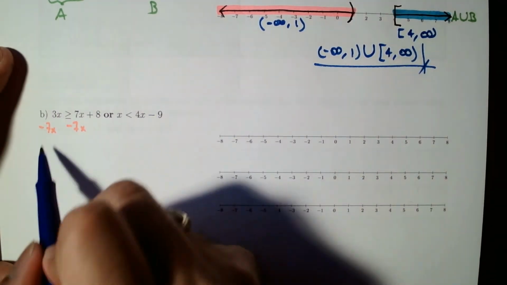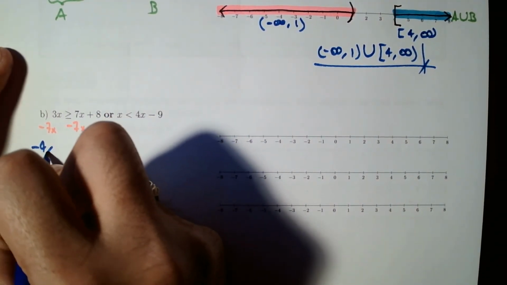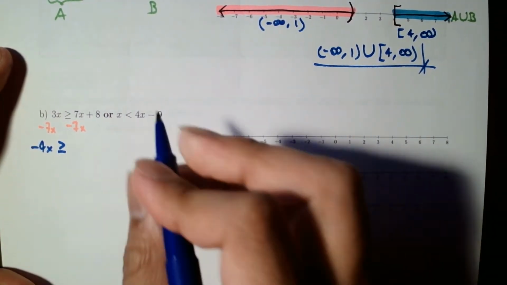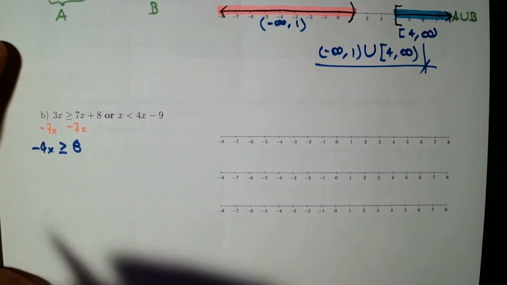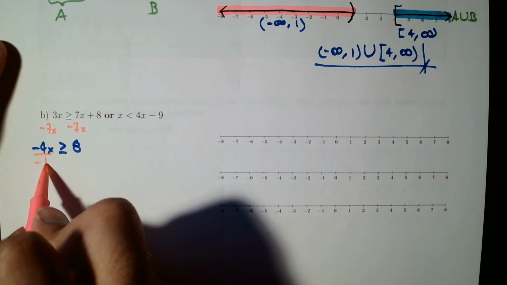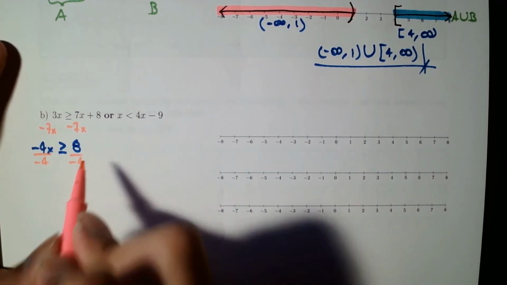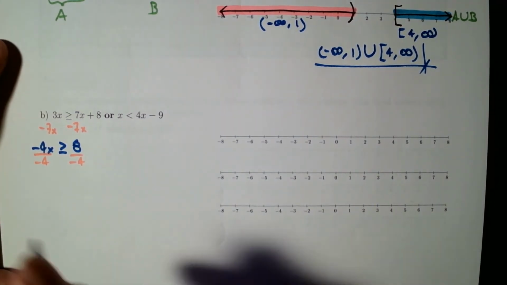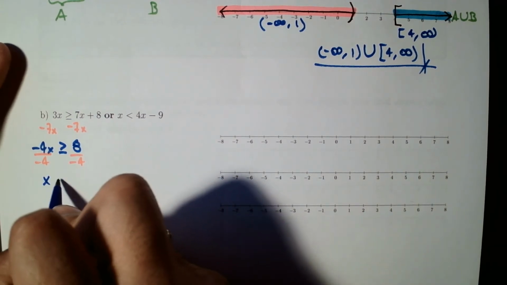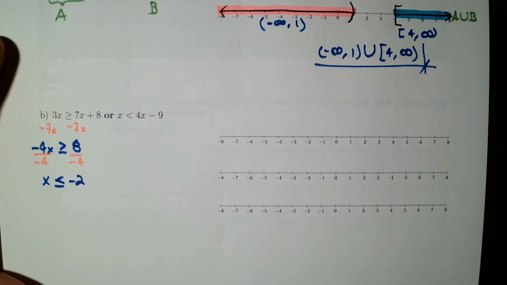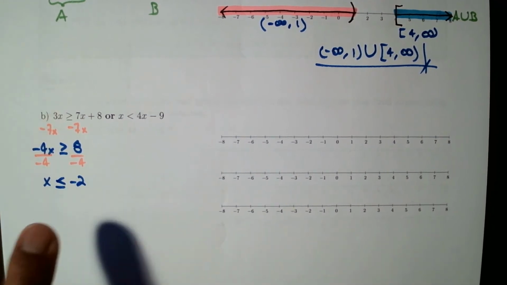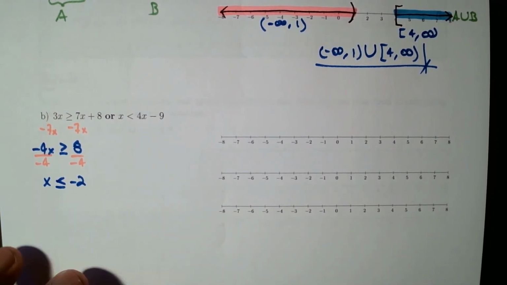And then 3x minus 7x, that's a negative 4x, greater than or equal to 8. And then I'm going to divide both sides by negative 4. But remember, every time we multiply or divide both sides of an inequality by a negative number, the inequality sign reverses. So that's the first set, x less than or equal to negative 2.